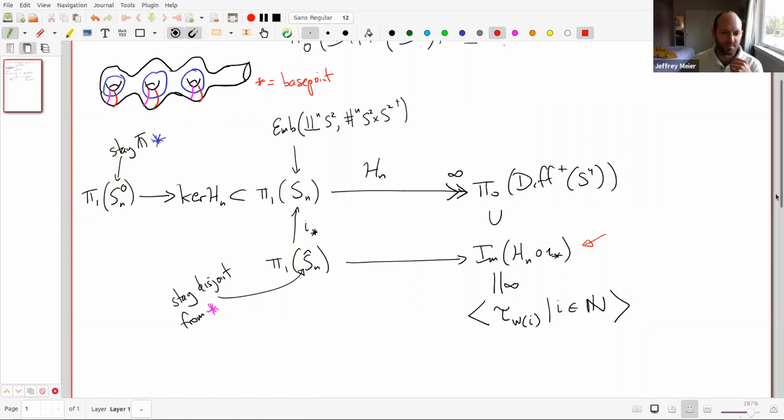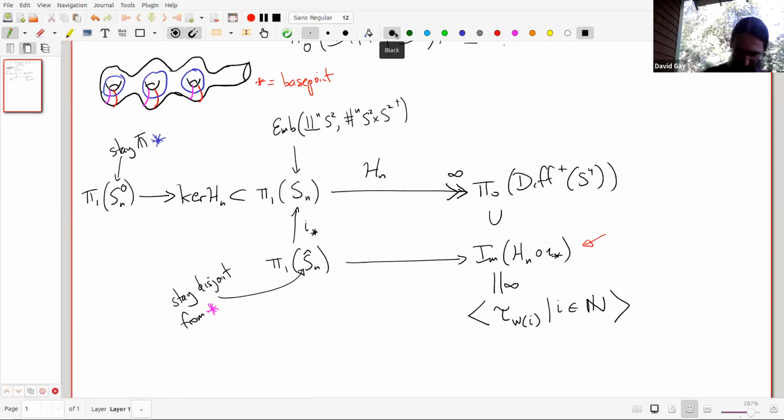Okay, thanks. And so, as I was trying to emphasize, a big question here would be, if I put these two together, this and this, they both map into pi_1 of S_n, and I want to know, do these generate together? Do these generate this?